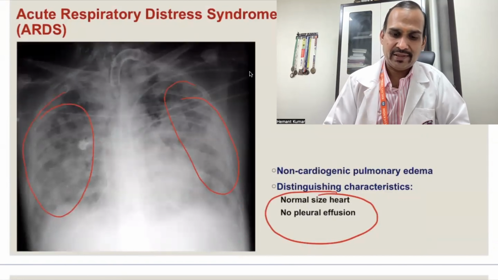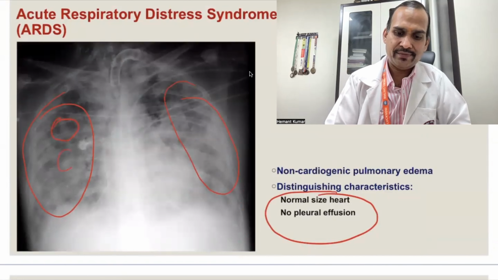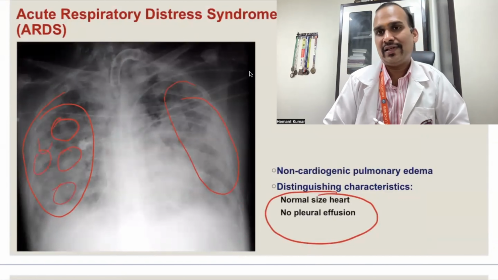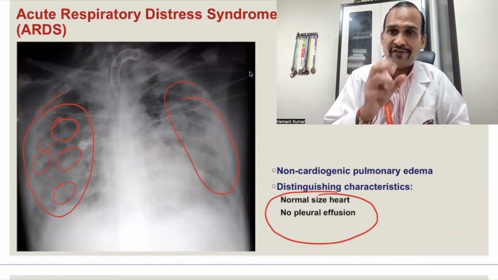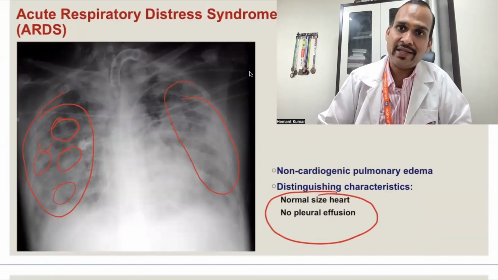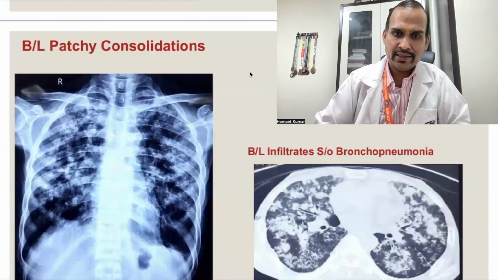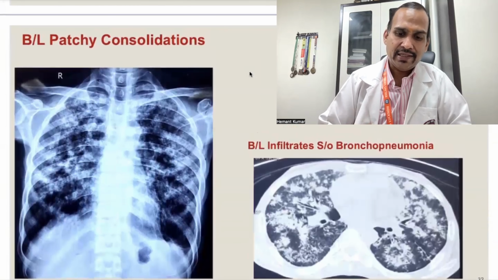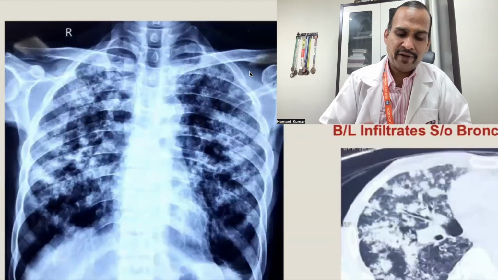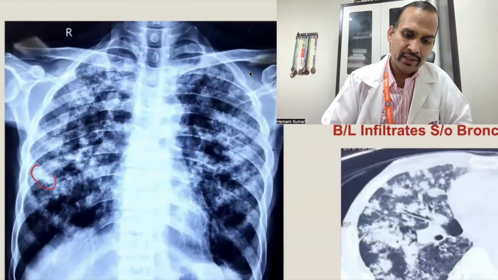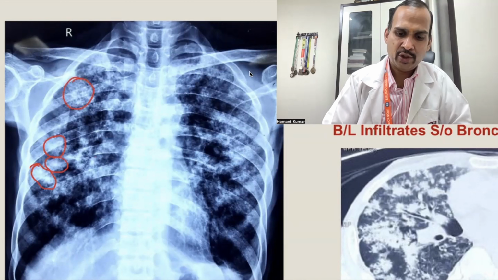Fluffy shadows. These are alveolar shadows, consolidations because of alveolar filling. This is a case of ARDS. Now miscellaneous, a few other examples. In this X-ray, you can find irregular, small, patchy consolidations. Can you appreciate?